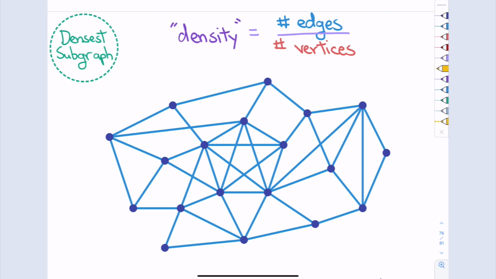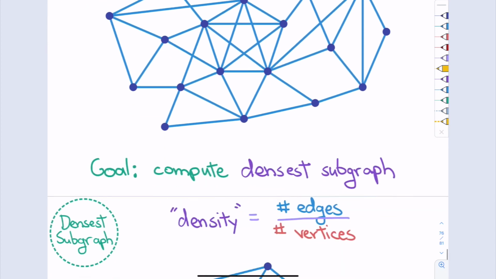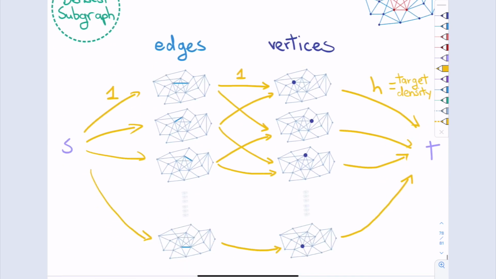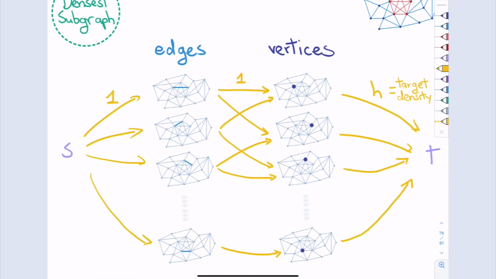Okay, so in the interest of time, the densest subgraph is going to use the same construction, where I'm going to try to assign edges to endpoints. But now my h is whatever target density I'm going for. I'm just trying to decide, is there a subgraph with density greater than my value h? Or do all the subgraphs have density less than or equal to h?